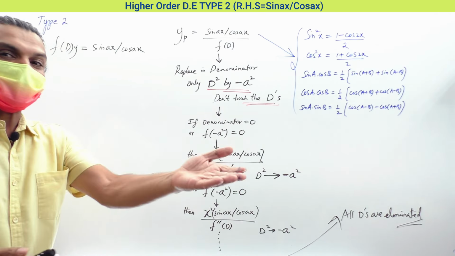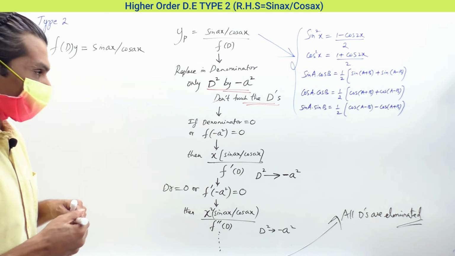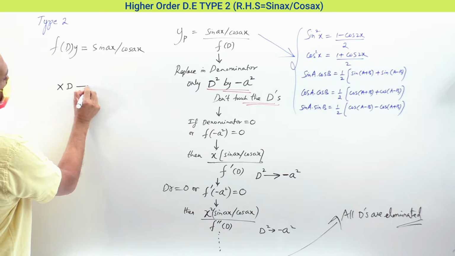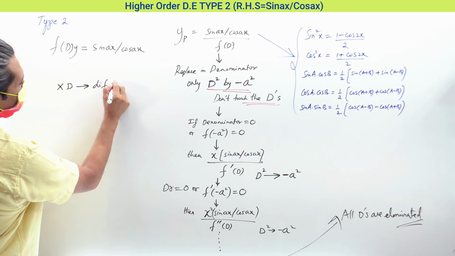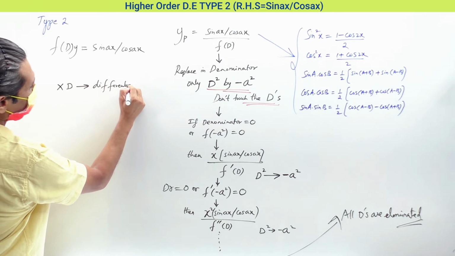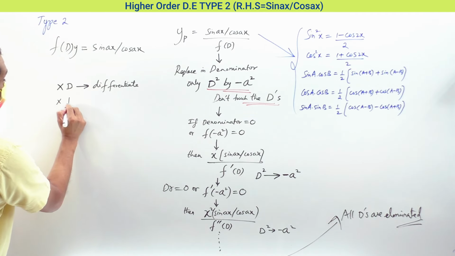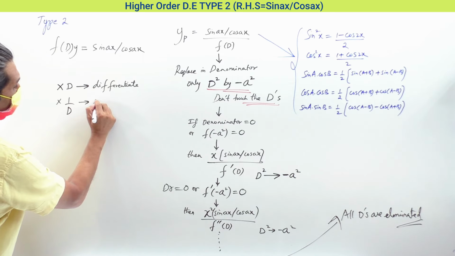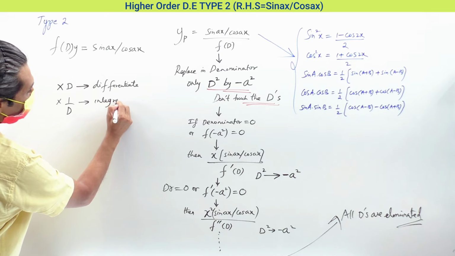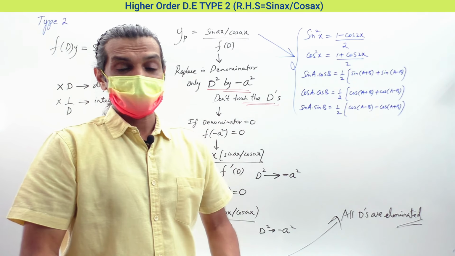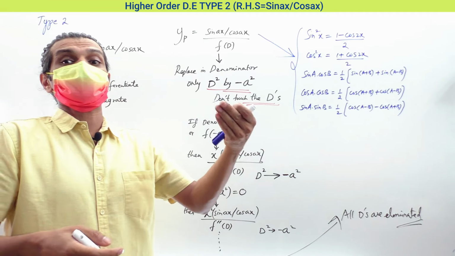Again I go back to the first class, where I told you the basics: into D, that D comes in the numerator means differentiate. Into D square means double differentiate. Then upon D, if D comes down, it means integrate. That means in a solution if you are getting sin 2x upon D, then integrate. Integration of sin 2x is minus cos 2x by 2.